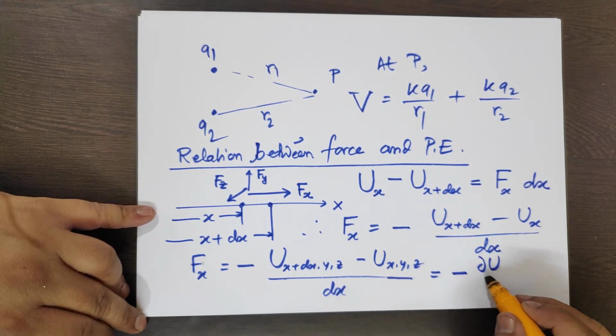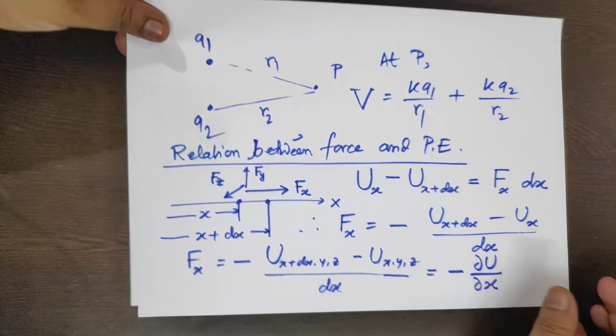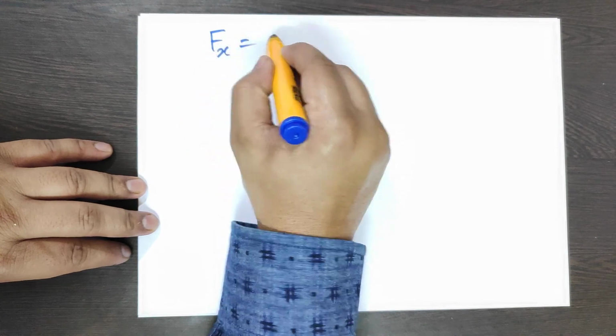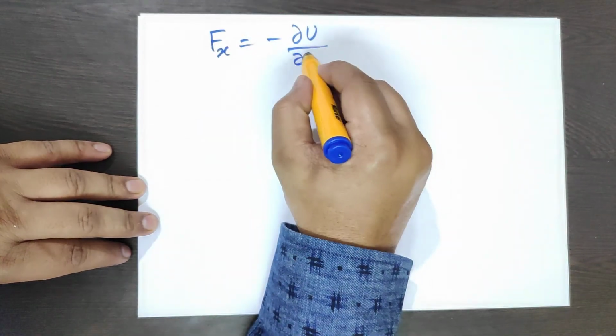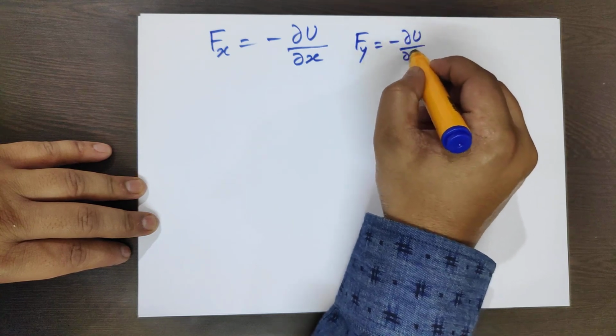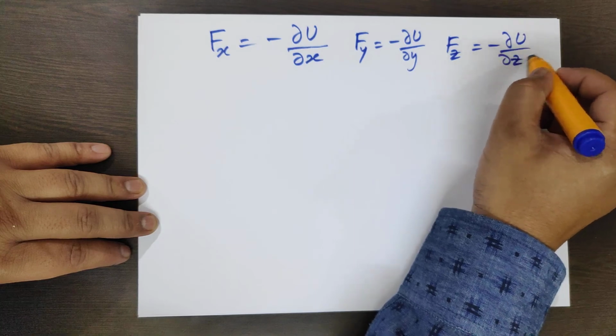So, that is actually a partial derivative. In the same way, we find that Fx equals minus del U by del x, Fy equals minus del U by del y, Fz equals minus del U by del z.